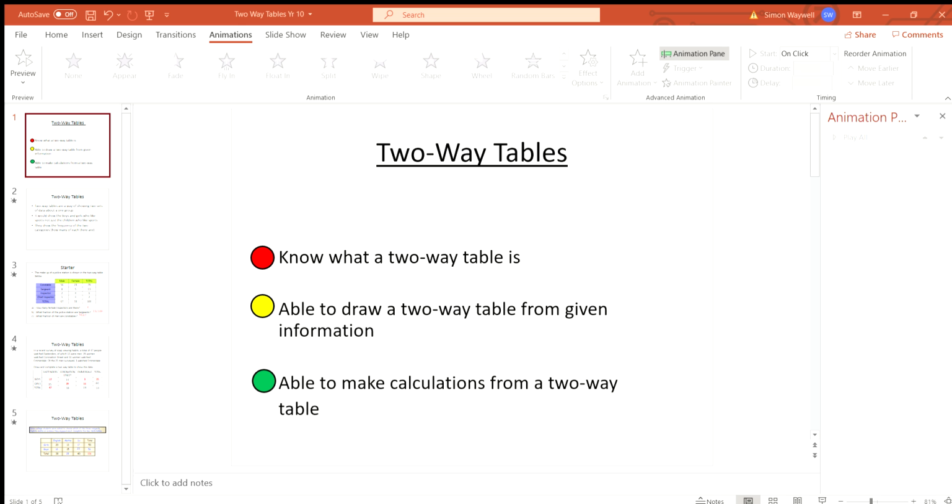So if we have a look at one. So this is one here. It says it's a two-way table and it shows the makeup, how many people are in a police station. So if I look just at this, these are the different jobs. There's a constable, a sergeant, an inspector, a chief inspector.